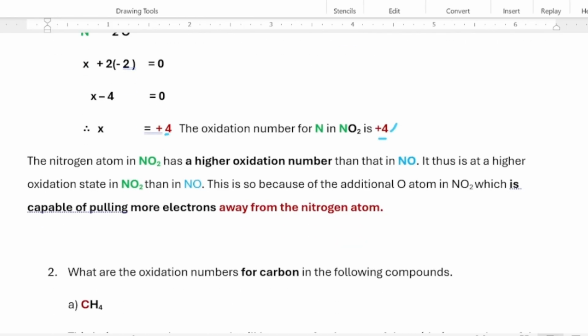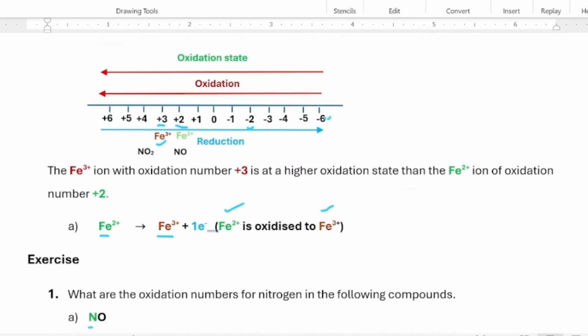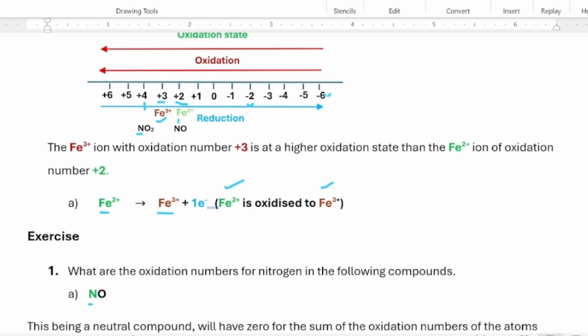Because we are having an extra oxygen, and oxygen has a higher affinity for electrons. As such, it will pull more electrons away from the nitrogen atom, making it become more positive. Returning to our number line, they show that the nitrogen in NO2 with an oxidation number of positive 4 is at a higher oxidation state than this nitrogen in the NO molecule.